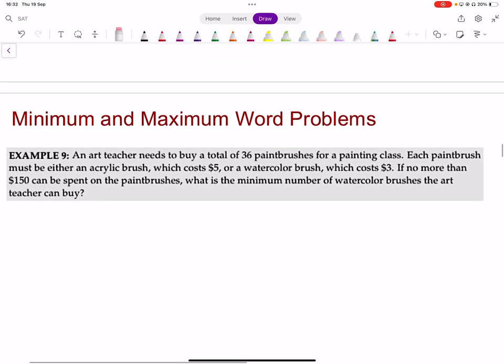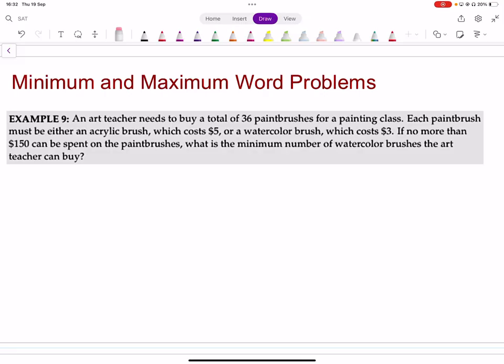Is this all right? Okay, let's try this now. How do we think about this?